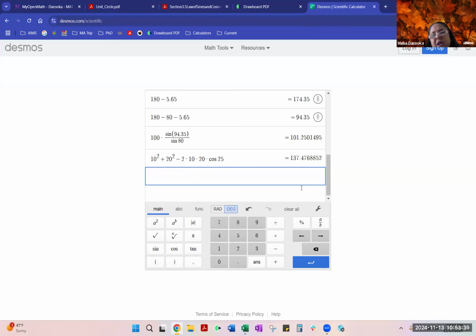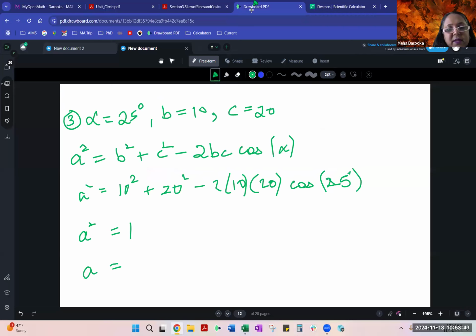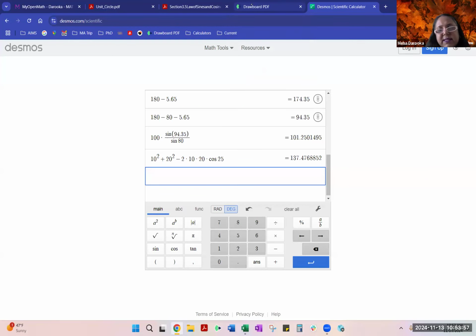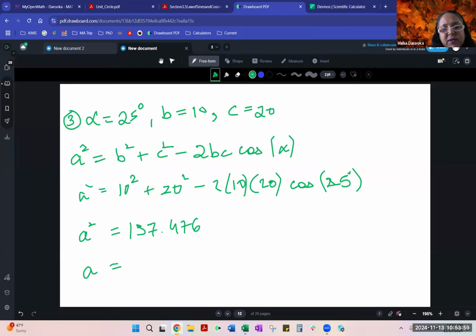All right, so this is going to be our A squared answer, right? But this is not A because we haven't taken a square root yet. So this is coming out to be 137.4768852.